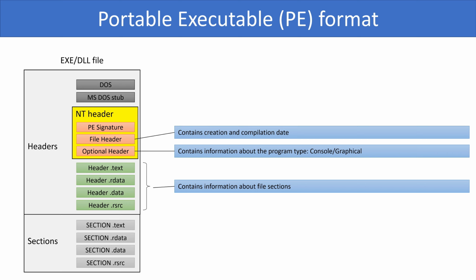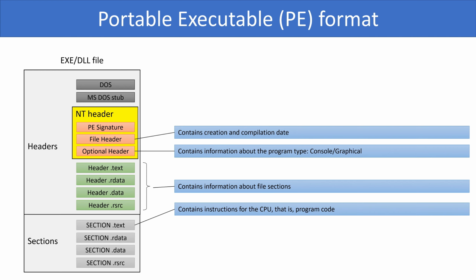Usually, these sections are named as indicated on the slide, but there's no strict standard, and some programs might have different section names. However, most programs follow these designations. The number of sections can also vary, which is normal. The slide shows 4 commonly encountered sections. The text section holds the program's code, performing the actions for which the program was created.